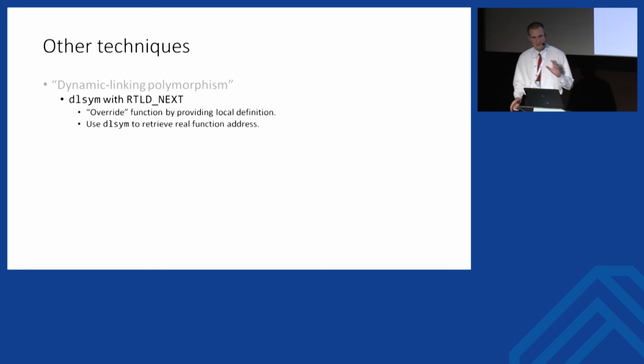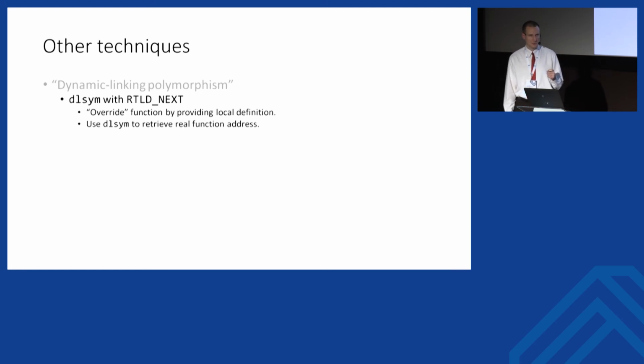So, dlsym with RTLD_NEXT is next. This parameter is specified by POSIX, but it's not defined by POSIX. In practice, it works this way: the dynamic linker starts to look for the symbol starting from the next position after where you are.